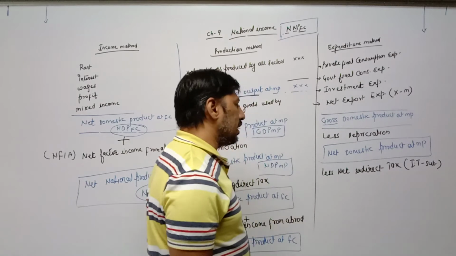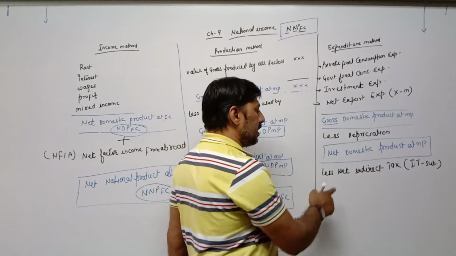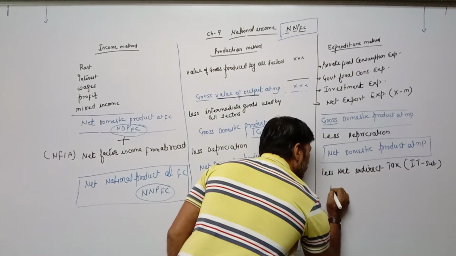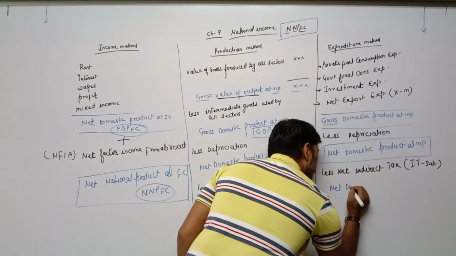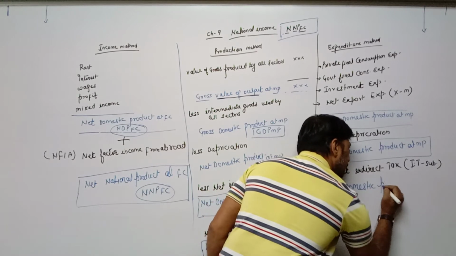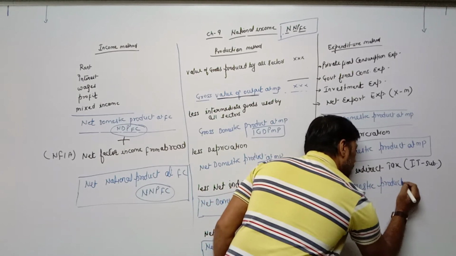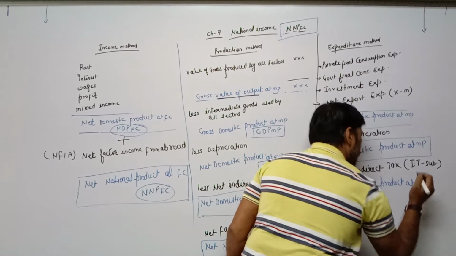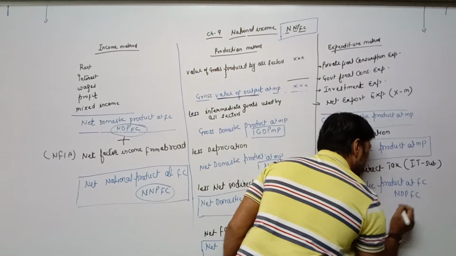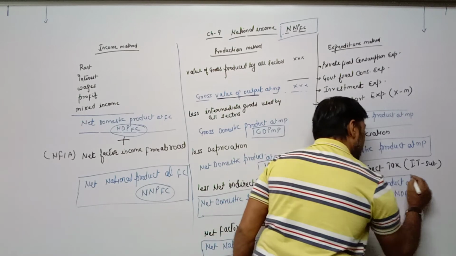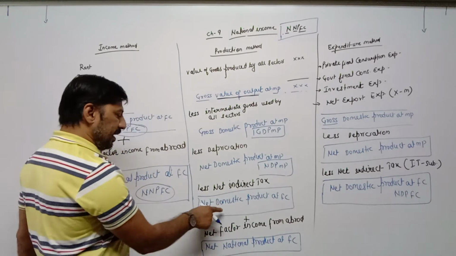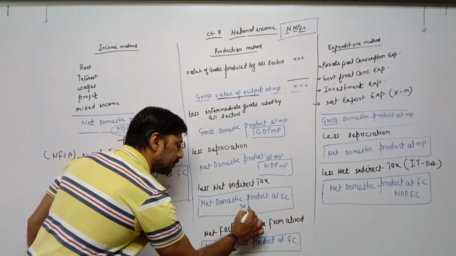So less net indirect tax. Once we deduct net indirect tax, we will get net domestic product at factor cost, NDPFC. And once we get NDPFC, only one item remains here, NDPFC.